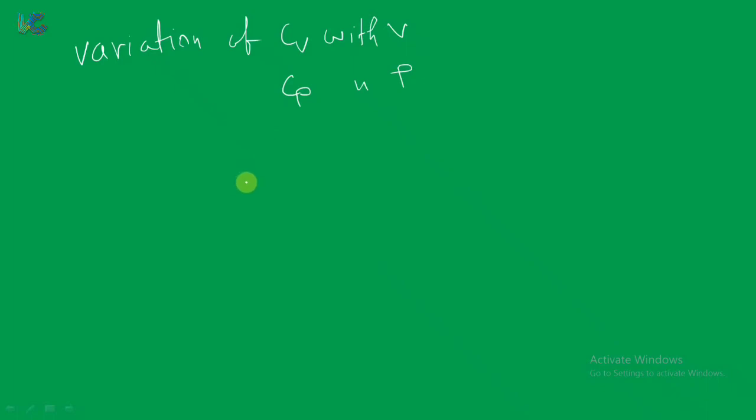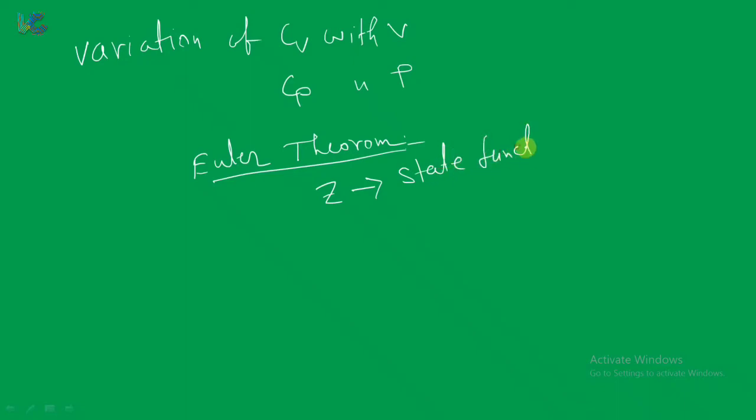Before that, I want to tell you about the Euler theorem, which we already discussed in our previous class. From Euler theorem, what we can write is that if Z is a state function, then ∂²Z/∂x∂y is equal to ∂²Z/∂y∂x.